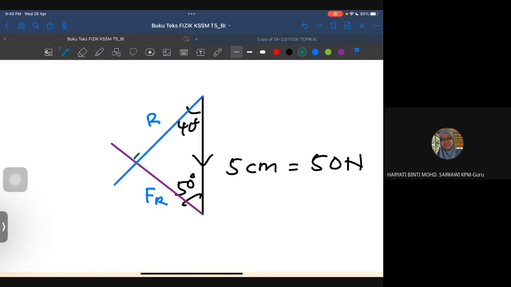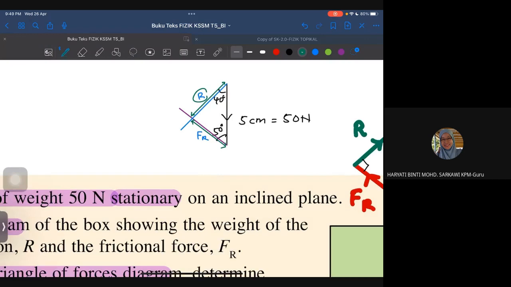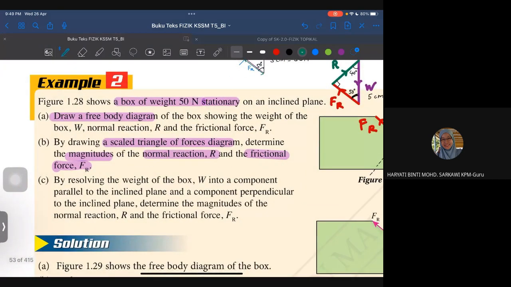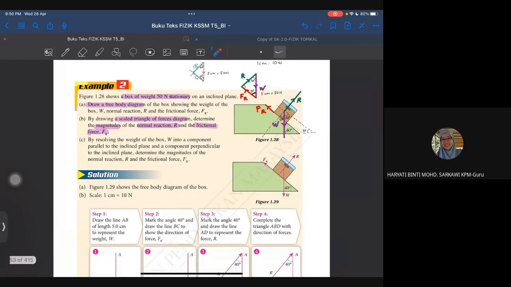You measure this length and refer to the scale. This will be your R. And then you measure here accurately, then refer to your scale. That would be FR. With that, you can determine the magnitude of R and FR from your diagram. Is it clear?